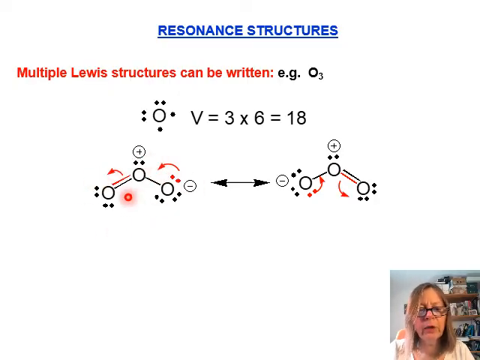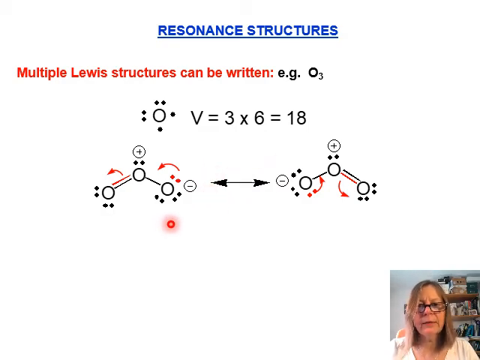When we do that, we end up with 3 lone pairs on this oxygen together with a negative charge. And now this oxygen has a formal charge of 0. The electrons can move back, push and pull, and we get back to this Lewis structure. So these are 2 resonance structures for the ozone molecule. We represent that these are resonance structures of one another by using these double-headed arrows.